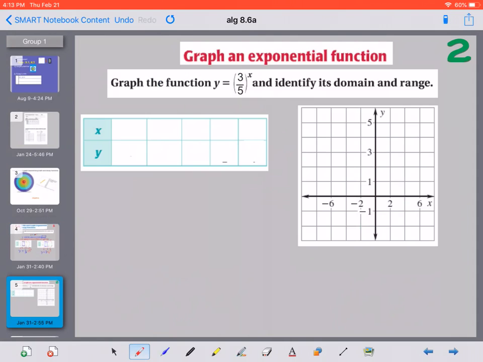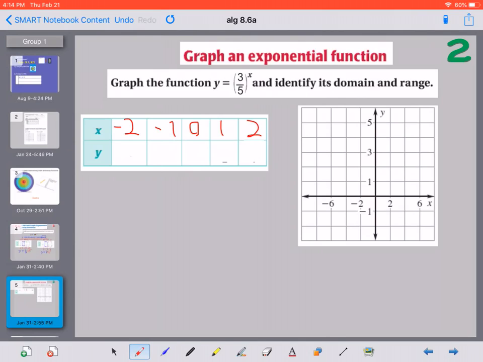Let's try this one. Graph the function y equals (3/5) to the power x and identify its domain and range. So we know we always want to have a 0 in here. We want to have a couple positive numbers and a couple negative numbers. So I have -2, -1, 0, 1, and 2.